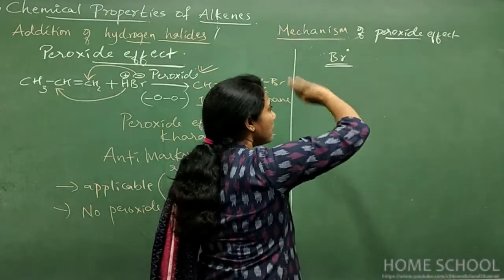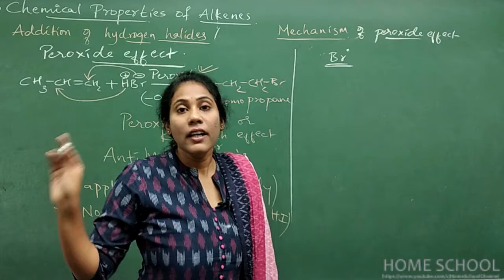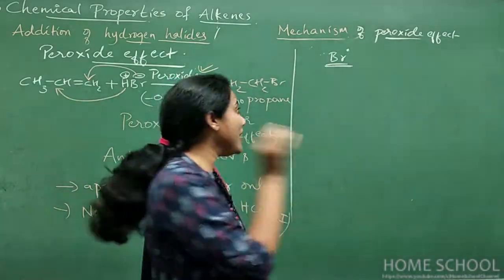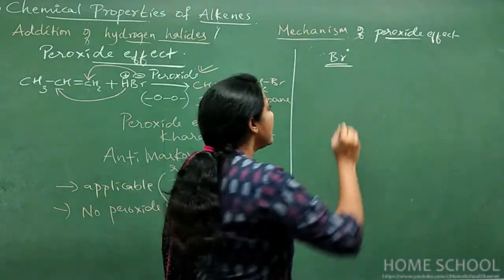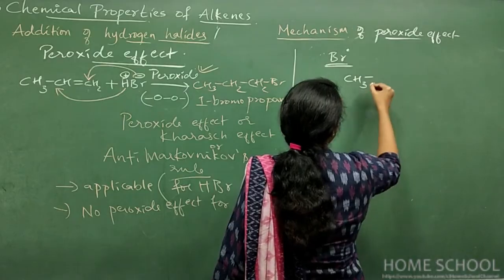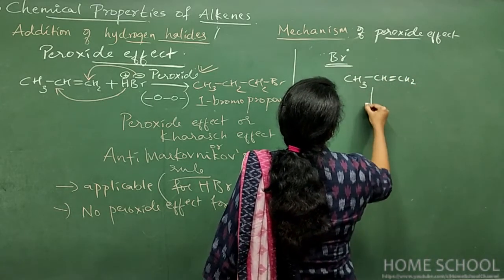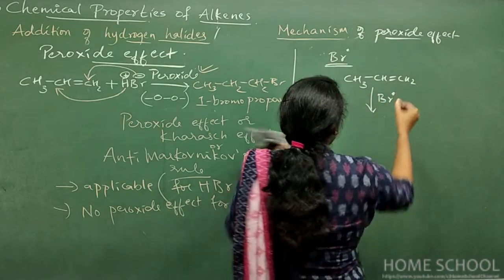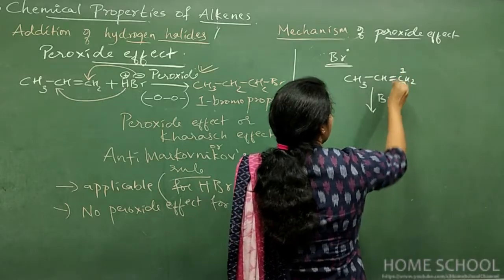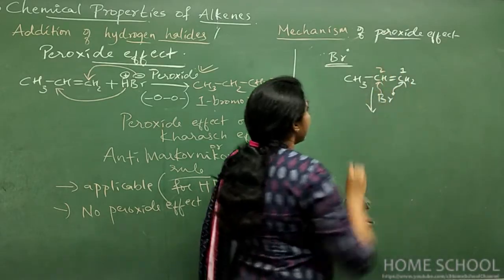This is the first step. I'm not showing how Br free radicals are formed, because that's not necessary. In the presence of peroxide, from HBr only, Br free radicals are formed. Now that Br free radical gets added first to the unsymmetrical alkene. This Br free radical can get added to the first carbon or to the second carbon.